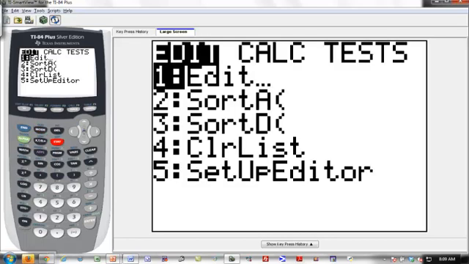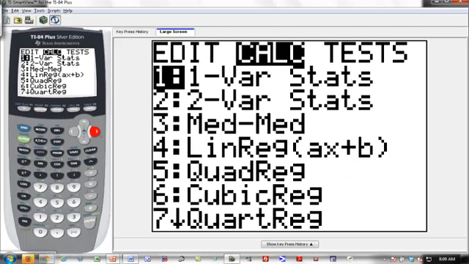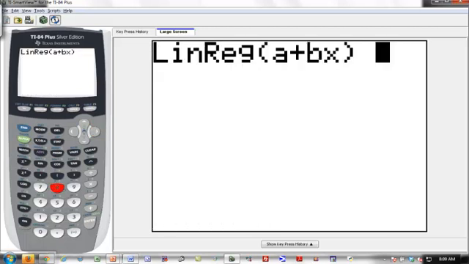Stat, calc, 8. And I want to find the regression model. I want to find the line of best fit for the cubes of the lengths versus the weight. So here's where it becomes tricky. I can't just hit enter here.